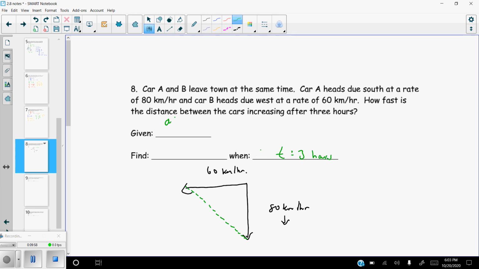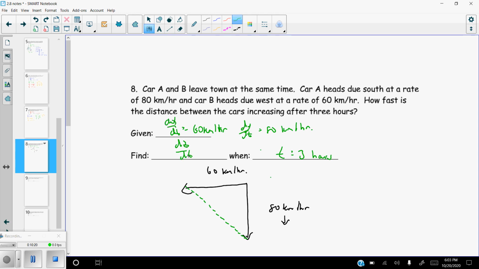So we were given that dx dt is 60 kilometers per hour and dy over dt is 80 kilometers per hour. We are trying to find how fast the distance between the cars is changing, so that would be dz dt in this case.